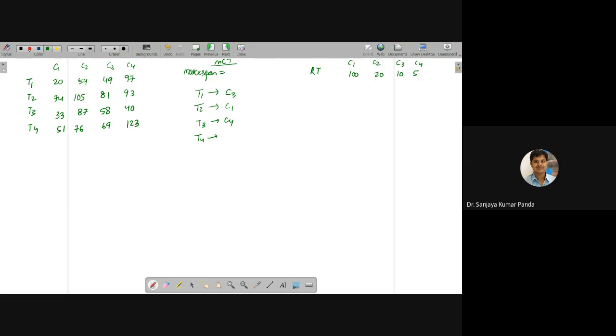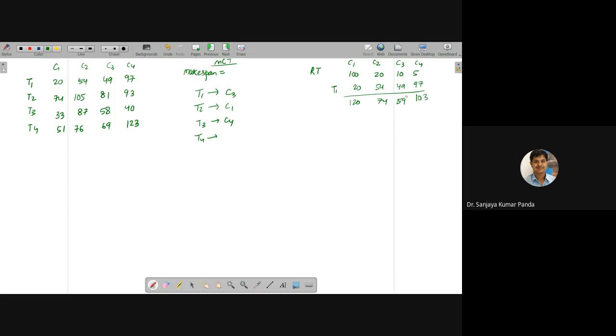Okay, let us see one by one. If I take T1, T1 is taking 20 units of time here, 54 here, 49 here, 97 here. If I sum it with the ready times, it is 120, 74, 59, and 103.